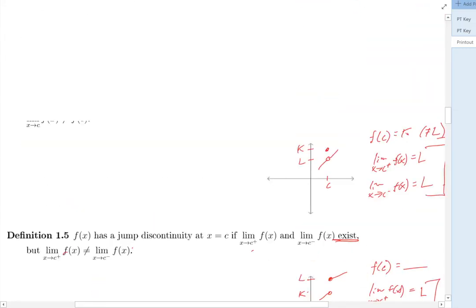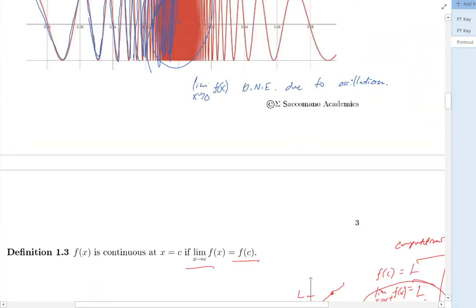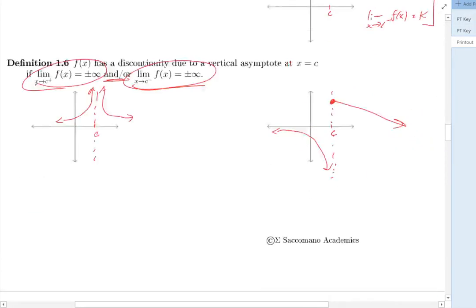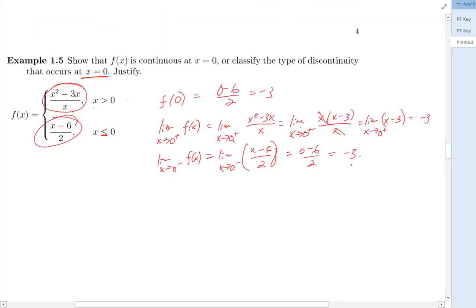But if it's free response, we need to relate it to this definition. Does the actual official definition say that just all 3 of those have to match? No. It says that the limit as x goes to c of f of x has to equal f of c. So, since it involves the two-sided limit, we actually need to write that down. Because we have not written down the two-sided limit yet, agreed?